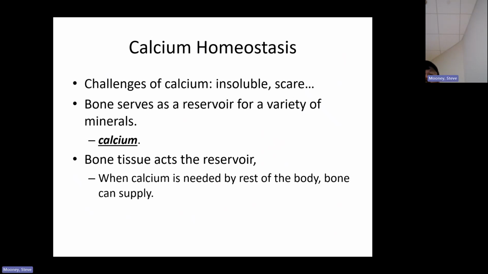When calcium is needed, our osteocyte's going to pull calcium out of the bank and put it into our blood when we need it. If we have extra floating around, we don't want that precipitating out of solution, the water in our blood, and calcifying everything. We want it to get out of there, and we put it in the bone.